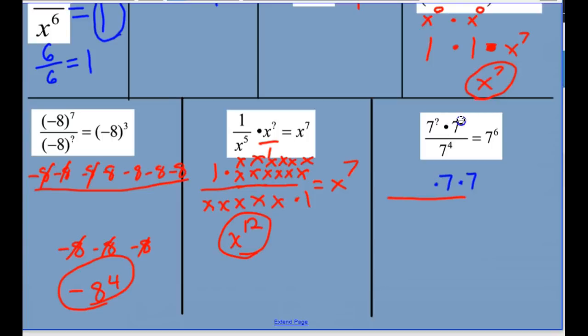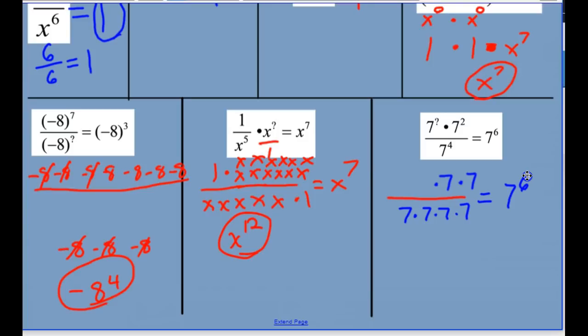We do know that we have 7 squared. Down here we have 4 7s. So 7 times 7 times 7 times 7. In total, we have 6 7s, or 7 to the 6th. So what we need to do is add up how many 7s it's going to take to get us to 7 to the 6th.